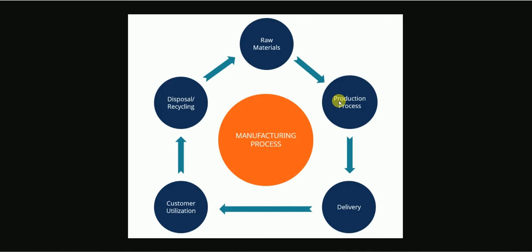After transforming the raw material into valuable or finished products, it is delivered to the market, to the people. Then it is used by the people, that is customer utilization. After that, there may be disposal of the product, or if possible recycling, and again it may go back to the factory. So this is the modern manufacturing process.